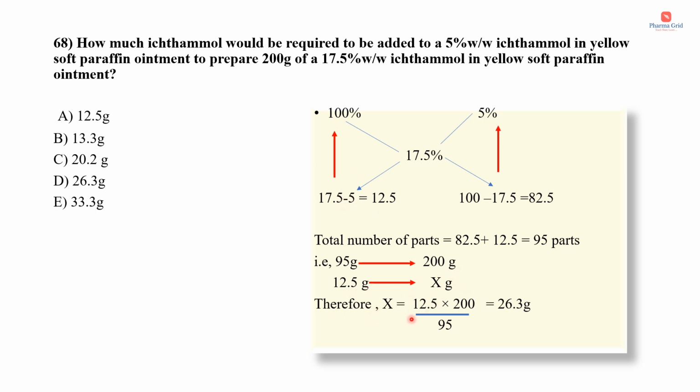Find the value of x by cross multiplication: 12.5 into 200 divided by 95 is equal to 26.3 gram. So this 26.3 gram of ichthammol should be added to 5% weight by weight ichthammol in yellow soft paraffin ointment to prepare 200 gram of a 17.5% weight by weight ichthammol. The correct answer is option D, that is 26.3 gram.